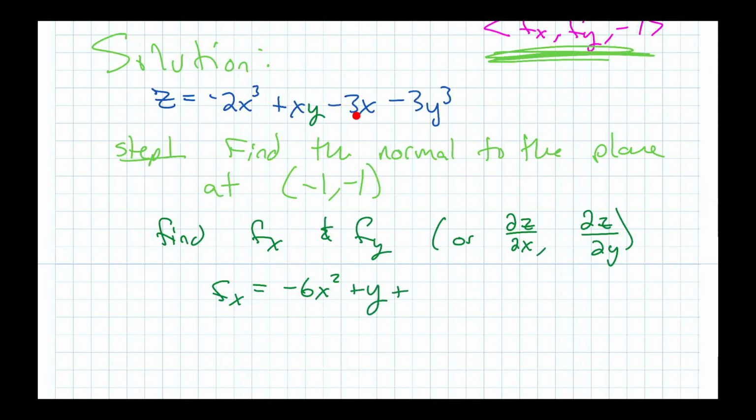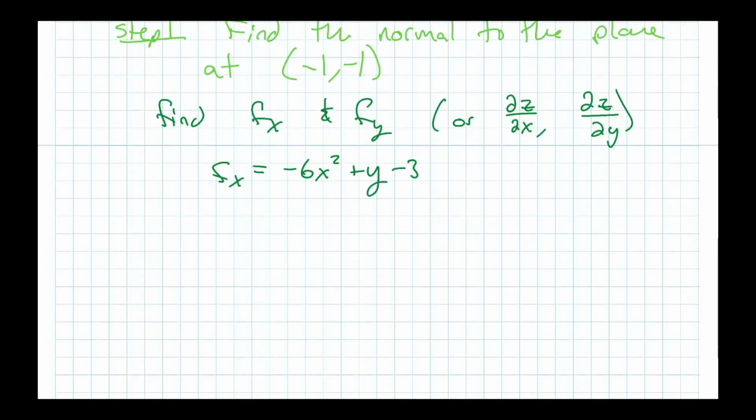The derivative of -3x with respect to x is -3. And the derivative of the last term is 0. So we need to evaluate that at -1, -1. So -6 times -1 squared plus -1 minus 3. What do we get? We get -6 minus 1 minus 3, I believe.